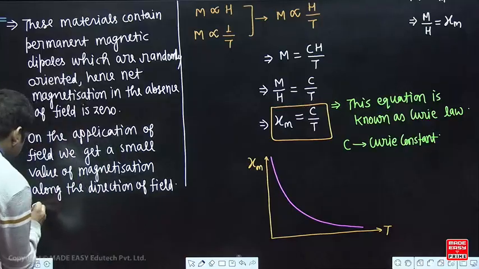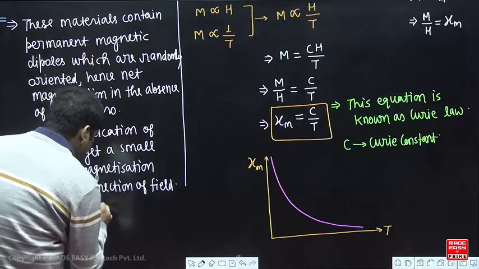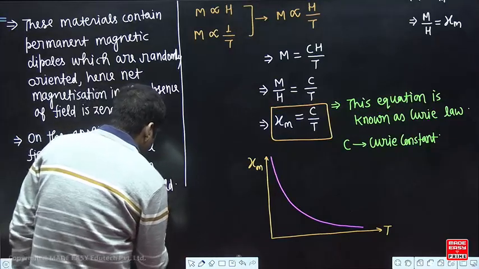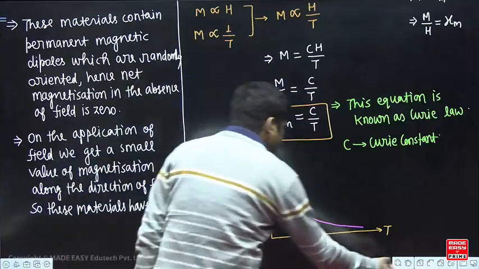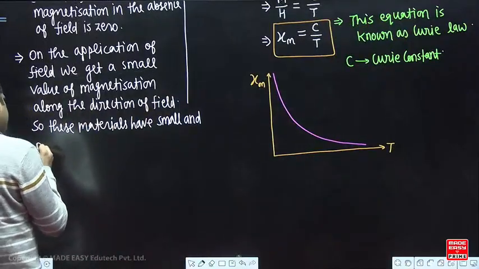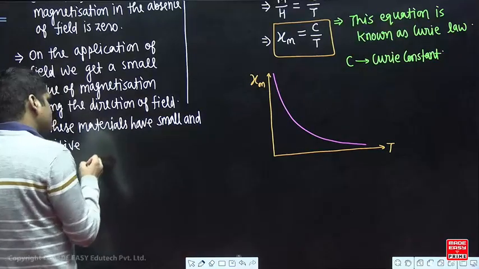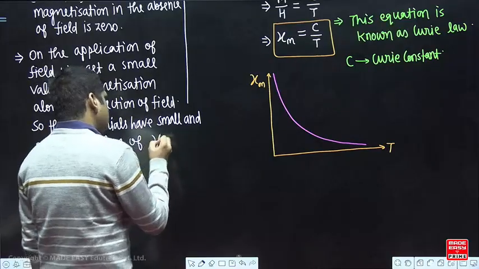So these materials have a small and positive value of magnetic susceptibility, chi m.